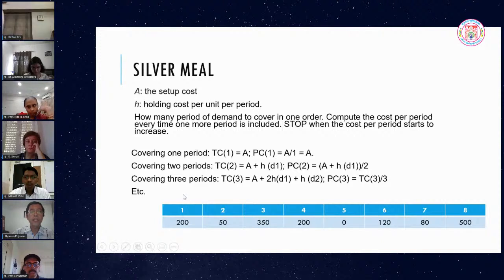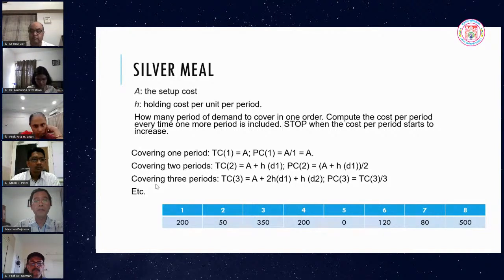Suppose we are making a decision to order in period 1. The option is to include only demand in period 1, in which case your order will be 200, or to cover also period 2, in which case your order will be 250, or probably cover more than that. So your order will be just the sum of the demand in the periods you will cover in one order.